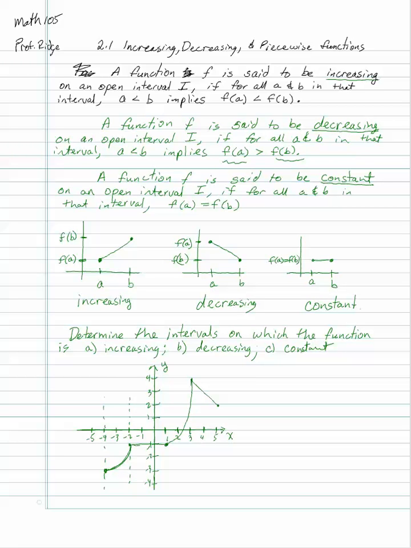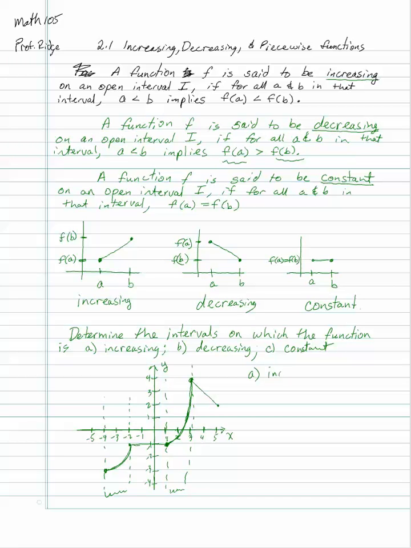And also from 1 to 3, you can see that as I go from left to right, that's also increasing. So from -4 to -2, it's increasing, and from 1 to 3.